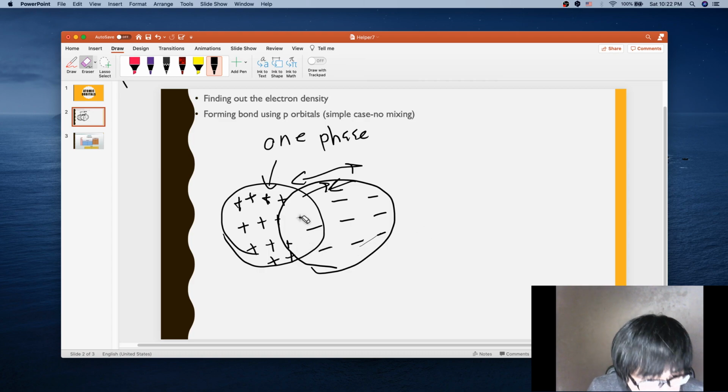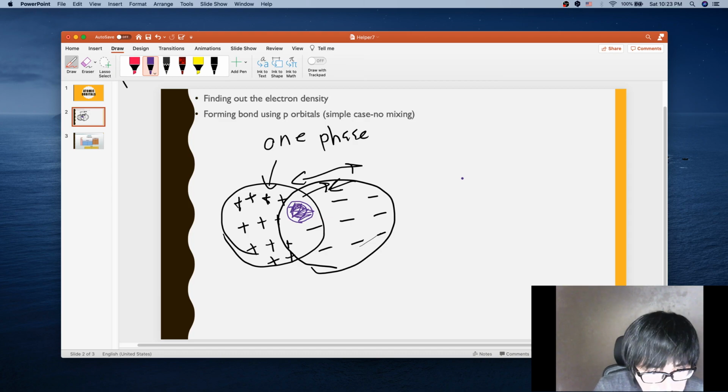So there is a region where there is no positive sign or negative sign here. If I were to draw a circle like this, or maybe a slightly bigger circle, within this circle you don't find any positive sign or negative sign, right?